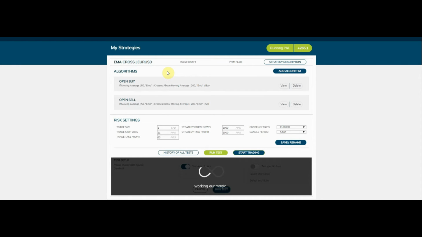But the problem is, if you get something coded, it takes time, it costs money, and then when it's plugged into the broker platform you're using, you never know if the broker can see your algorithm and then trade against you. So by creating these algorithms like this, A, it's free to use, B, it doesn't take any time, as you've seen, and C, it doesn't sit in your broker platform.